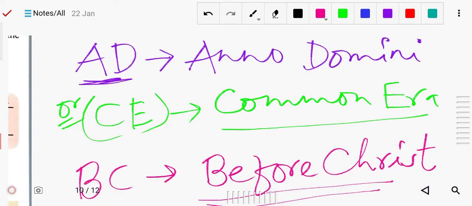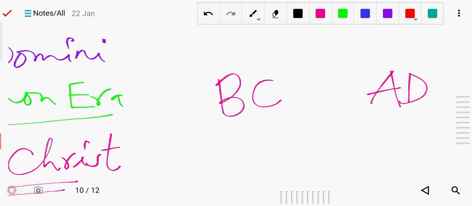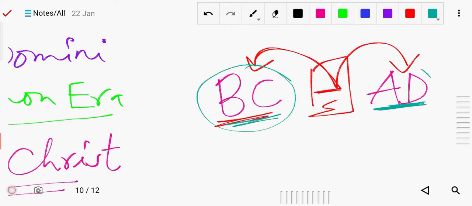The year which is before the birth of Christ is called BC, and after the birth of Christ is called AD. You can understand it like this: this is BC and this is AD, and here is the birth of Christ. Before the birth of Christ is BC, and after is AD, also called the common era. This is the difference between BC and AD.